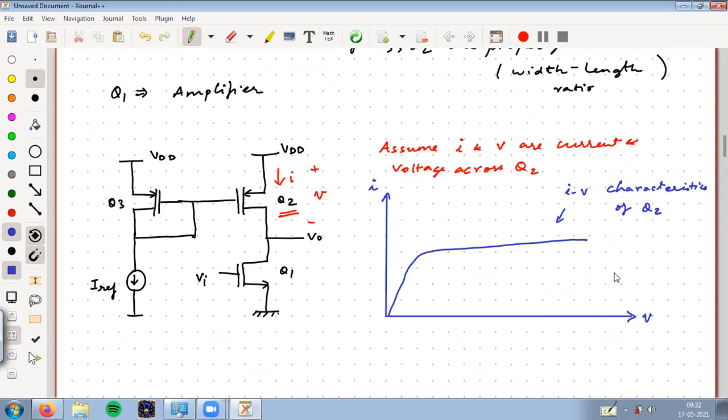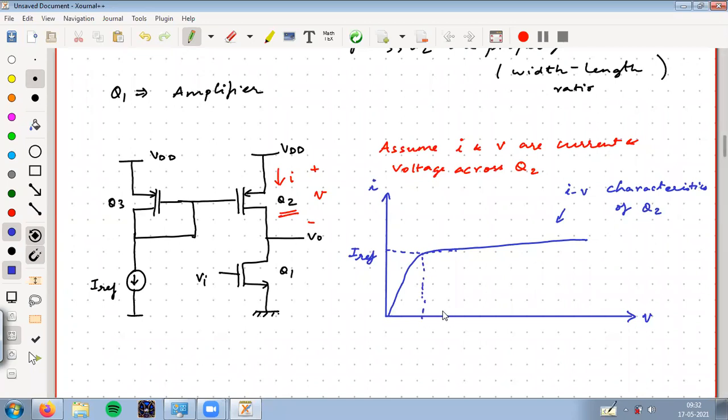Now I'm talking about Q3. The gate and drain of Q3 are shorted, which makes Q3 saturated. The saturated current flowing through Q3 is nothing but I reference. This I reference is also flowing through Q2, which makes the saturated current of Q2 as I reference. So this value is I reference.